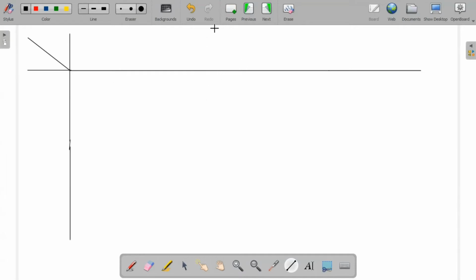Now we will write the elements of X and Y, X in this direction and Y in this direction.